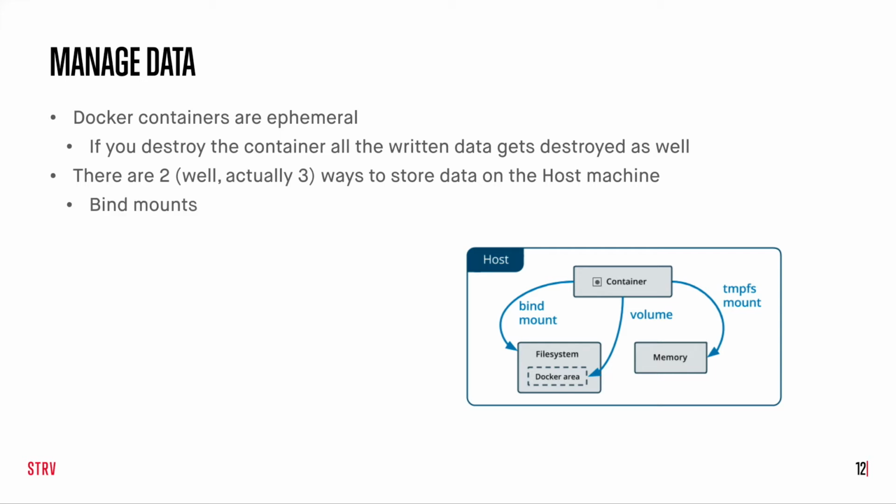The first way is using a bind mount. It provides you a binding to the host file system, but to the exact part of the host file system. So it has some, let's say, disadvantages. For example, imagine when you want to port your Docker container to some other host, then there can be some discrepancies in the file system, and it can create issues.